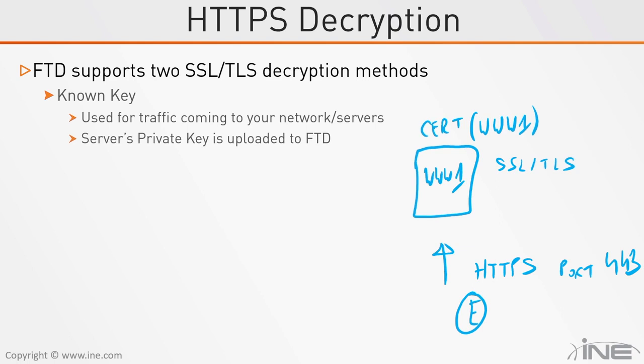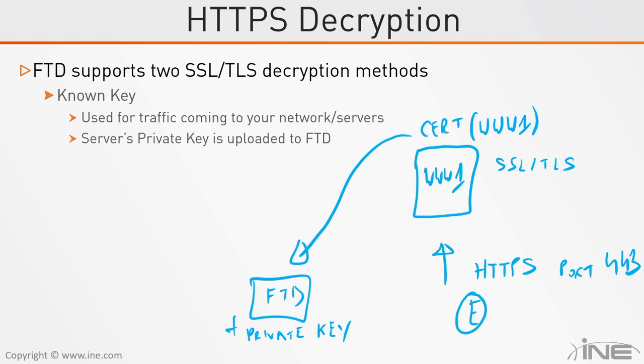And now in order to decrypt the communication between the server and a certain client, we will have to install this certificate on our FTD, and we will also have to give it the private key.